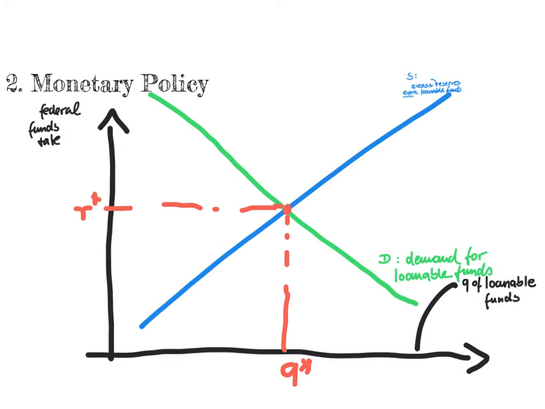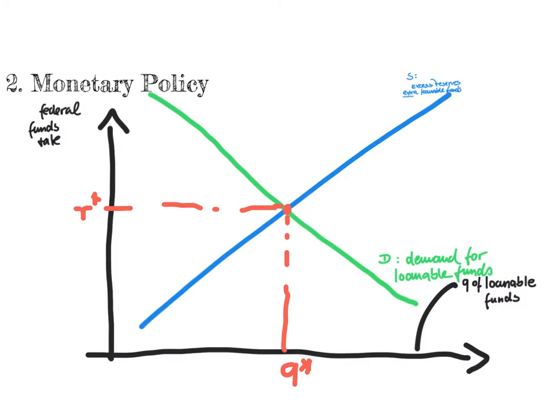So all other interest rates are layered on top of that. So treasury bond yields follow that. Prime rates, which are the best rates that banks charge their best customers, are layered on top of that. So all of the other interest rates that exist in the market follow this federal funds rate.